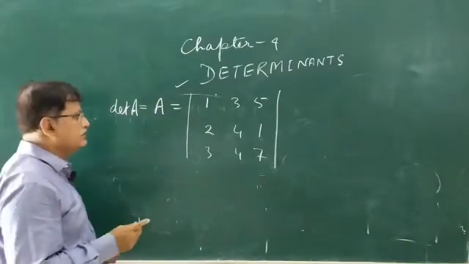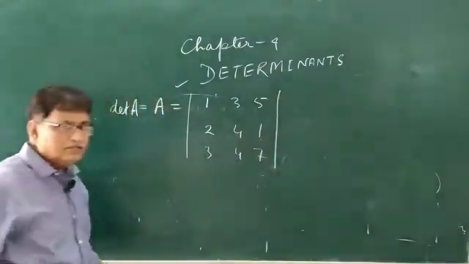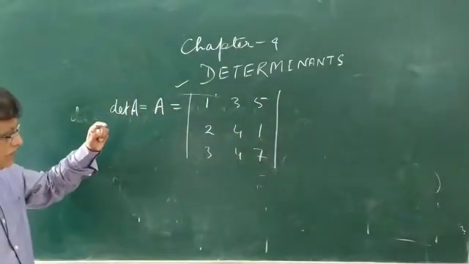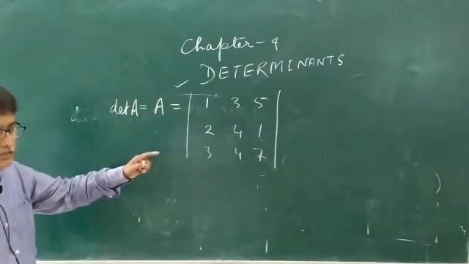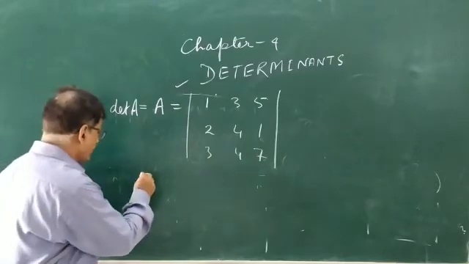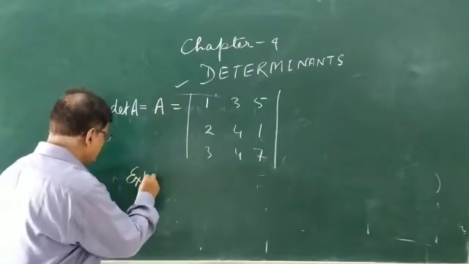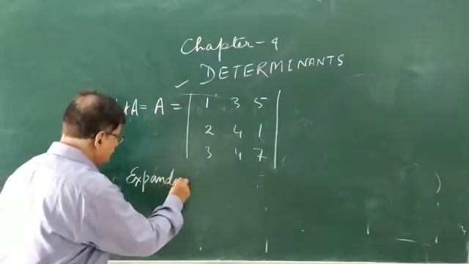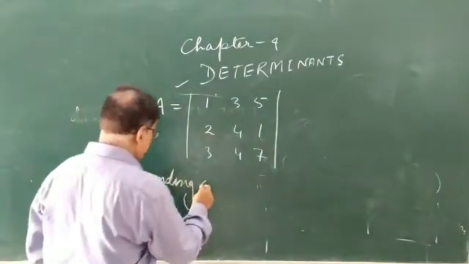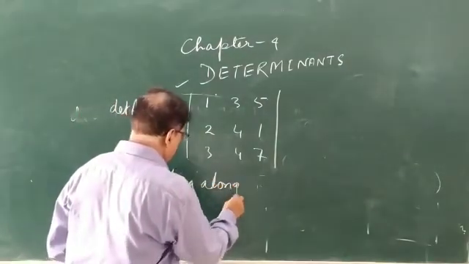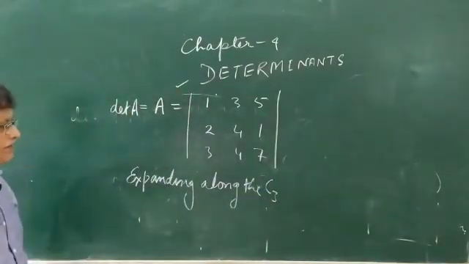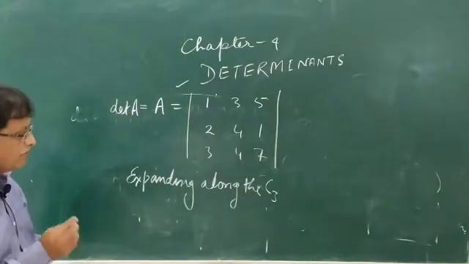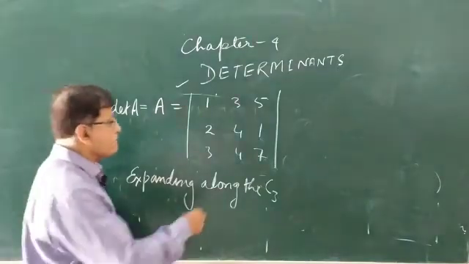Earlier we considered R1. Now this time I am considering C3, expanding along the third column. So along C3, how can you find it?